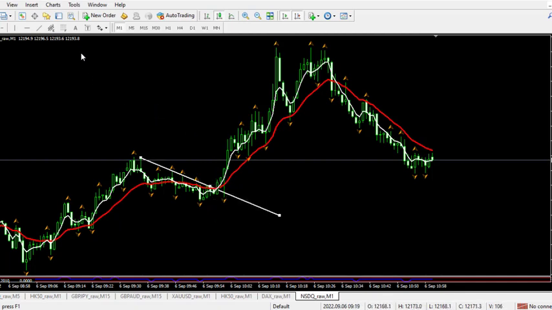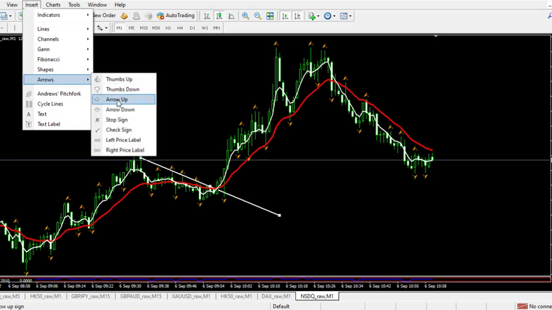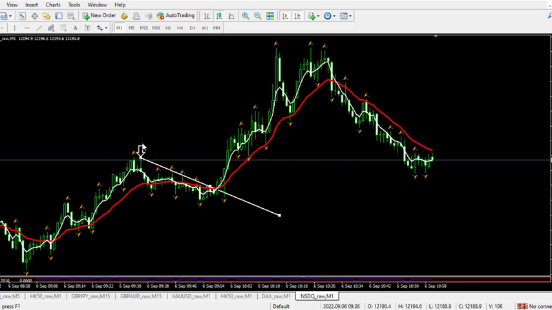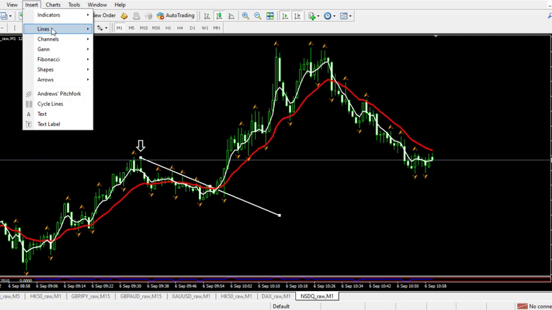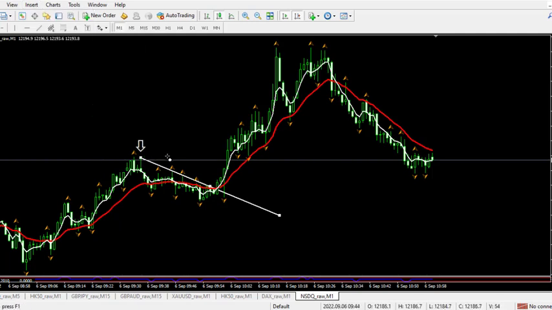So let me try and number it. This was the first point that I used, on this candle, and the second one is this candle, and I joined the two lines together and extended it.